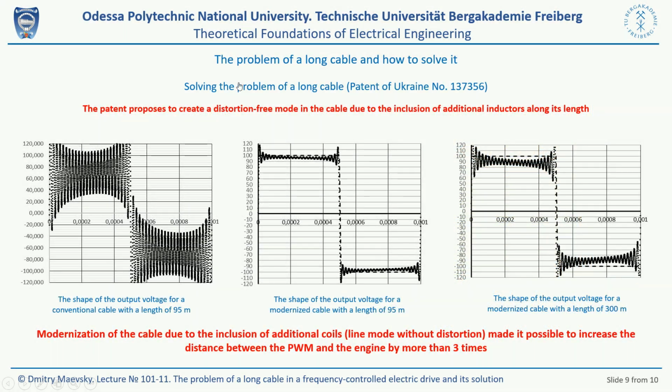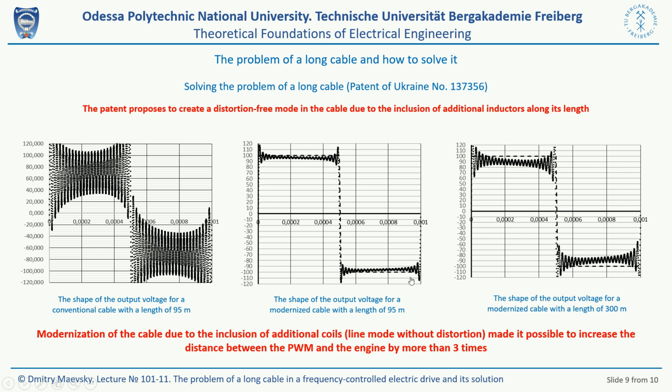See how the properties of the cable have changed after adding additional inductors. The first diagram on this slide shows the waveform of a typical 95 meter cable. You have already seen this diagram on slide number 7. The second diagram shows that after turning on the additional inductors, the voltage shape at a distance of 95 meters is actually no different from a rectangular one.